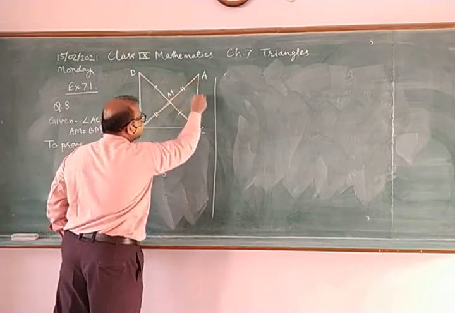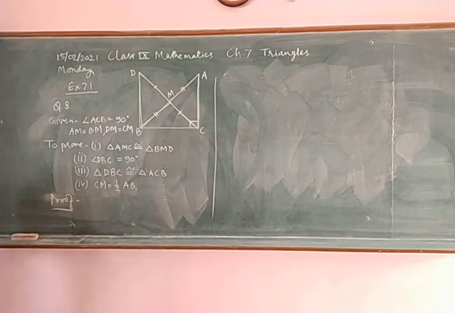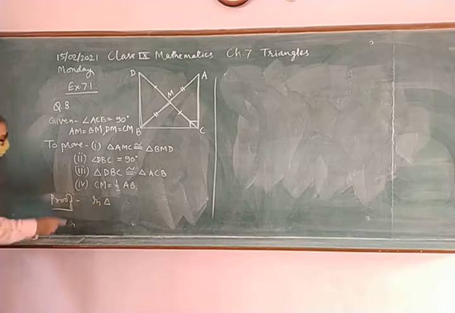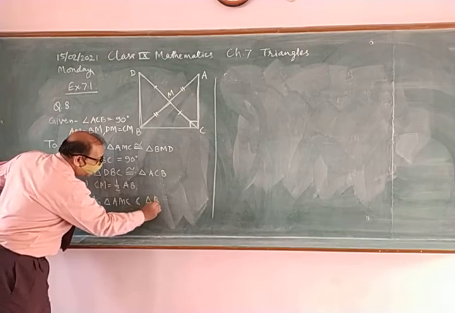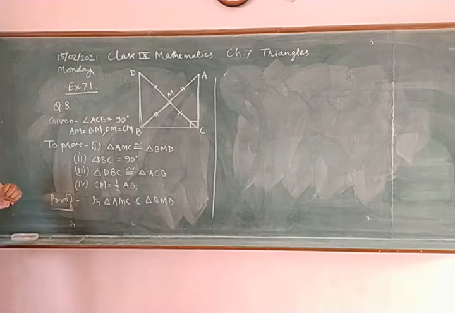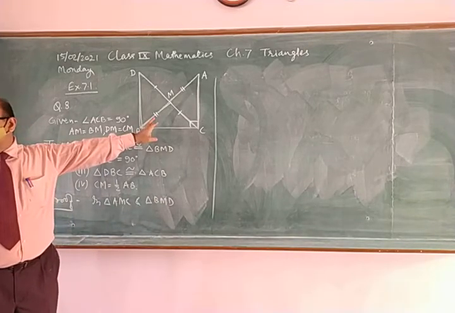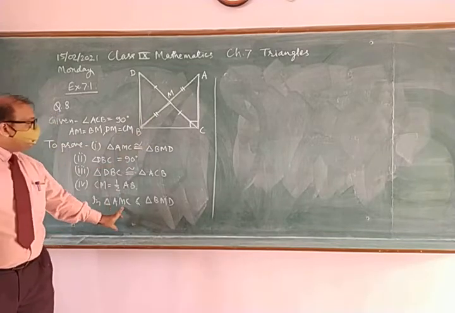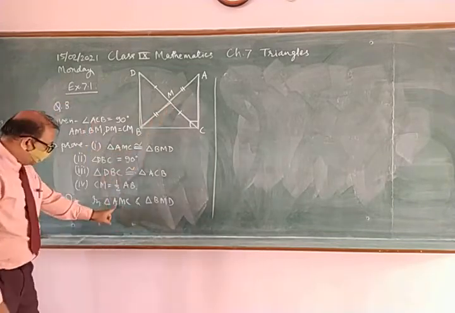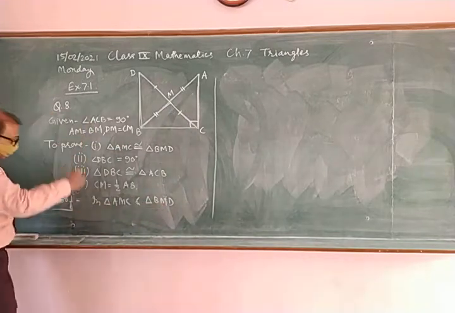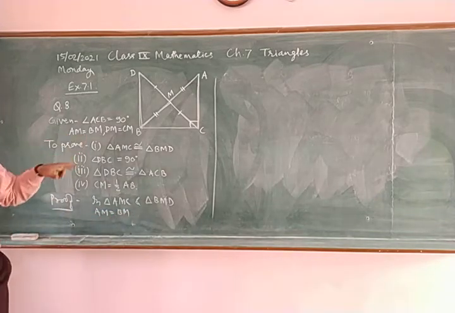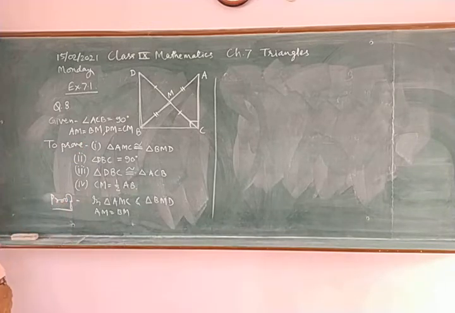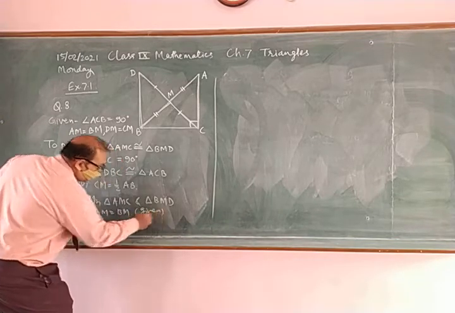Now you see these two triangles, triangle AMC and triangle BMD. M is the midpoint of AB, which means AM is equal to BM. It is given.